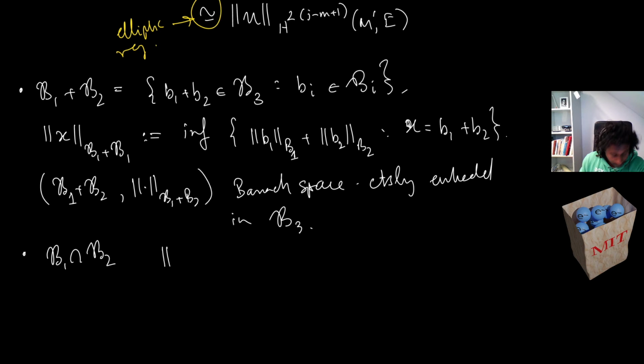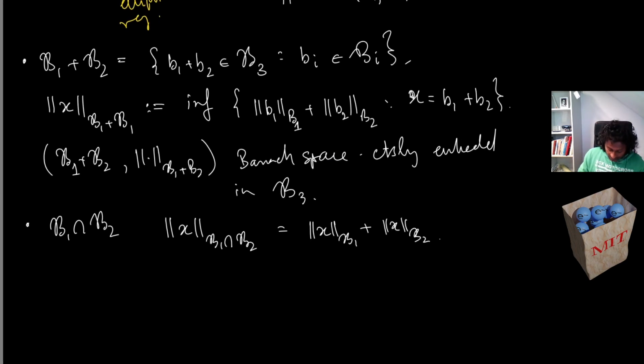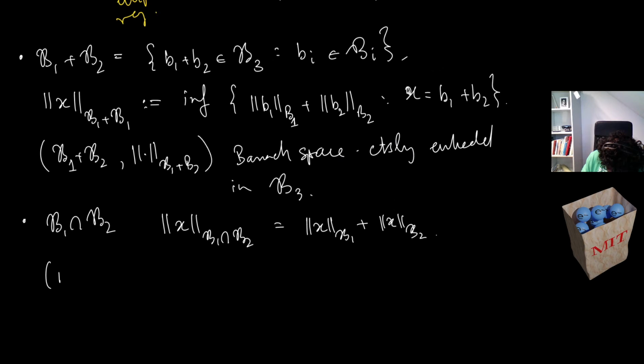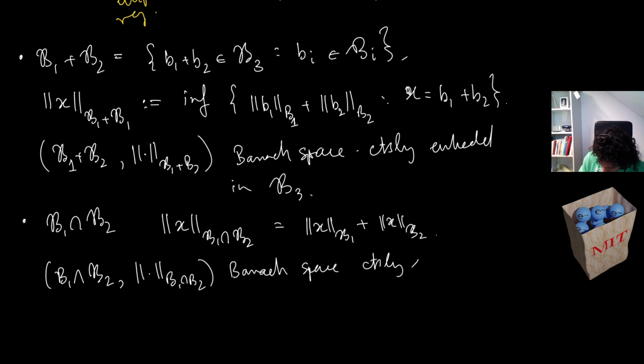The norm for this we can simply write as, say, the norm in B1 plus the norm in B2. So this is also a Banach space, and it's continuously embedded in B3.